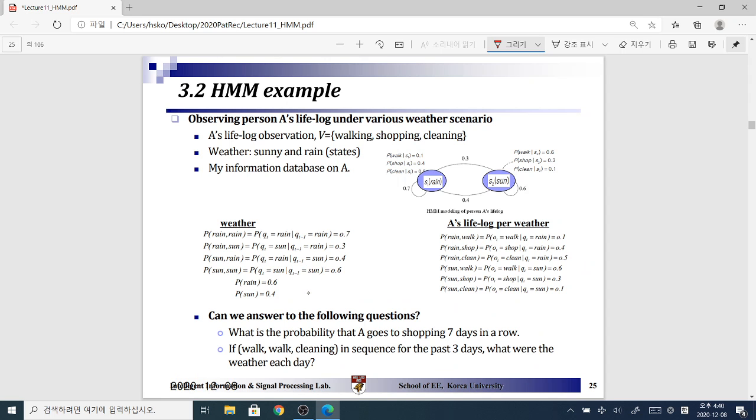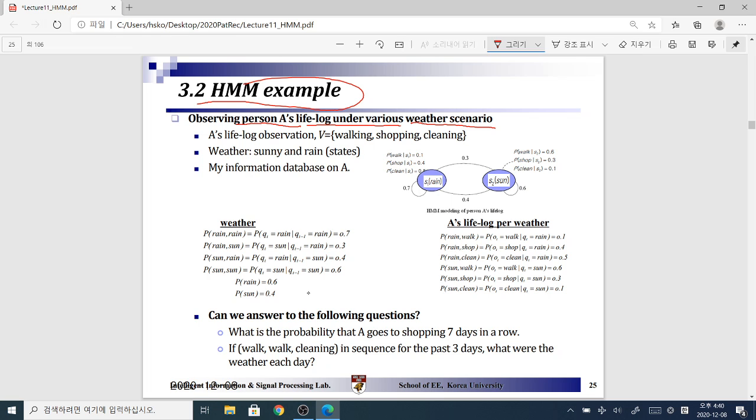Now, to describe that process a little bit more, let's use an example. Suppose you have a person, and we have the privilege of observing this person's life log under various weather conditions.